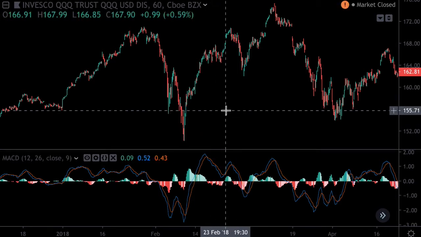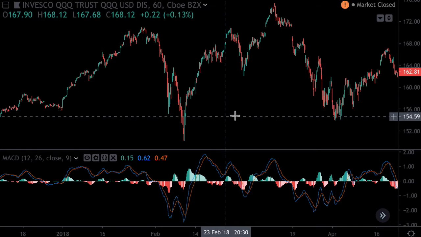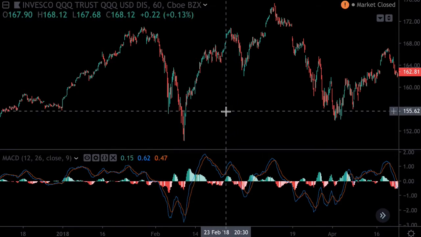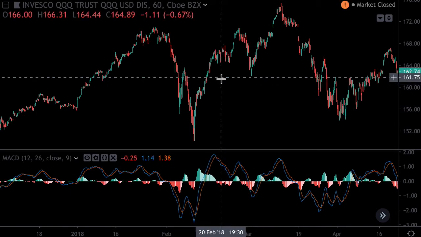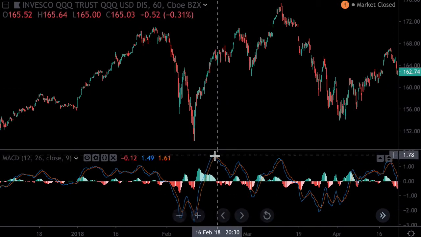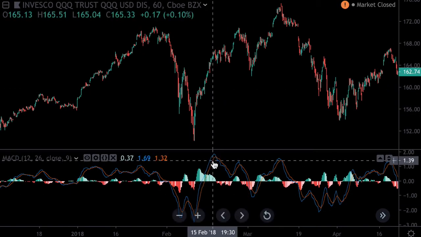So next little strategy here is another simple thing you can use, and that is obviously the signal that the MACD gives you.